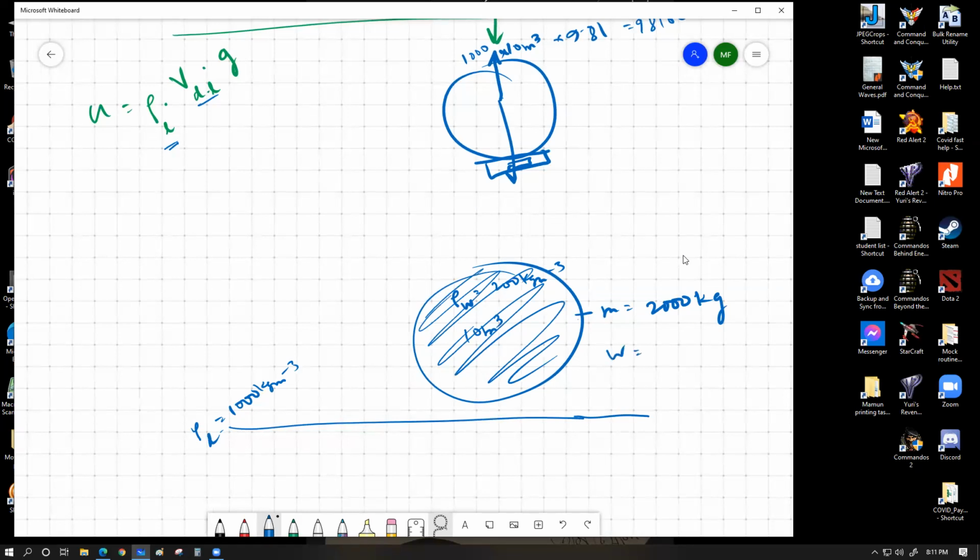Therefore, its weight would be 2000 times 9.81. That's going to be 19620 newtons. So this is the total weight of this whole thing.